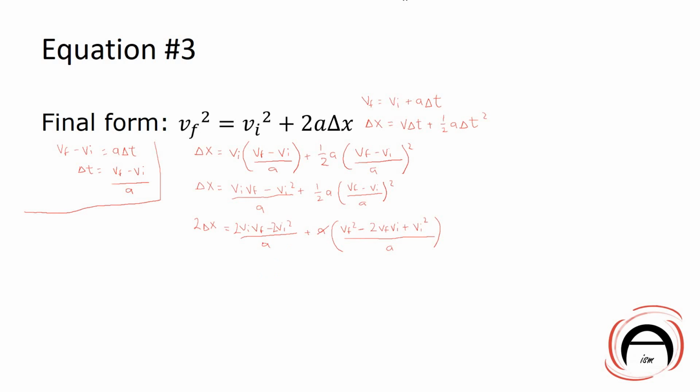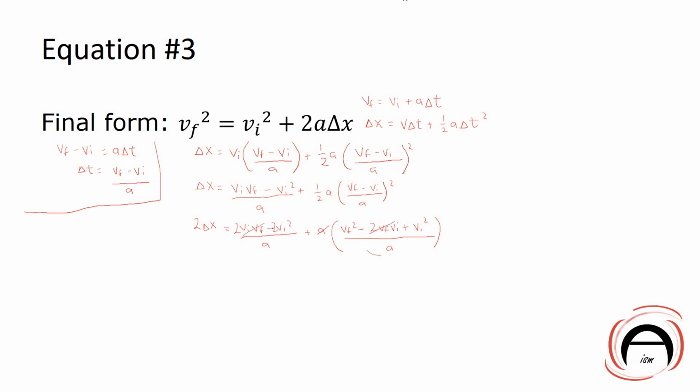So what you see here now, we have acceleration on the bottom for both, so you can add all of these terms up. Looking at this right now, you're going to have your 2 Vi Vf positive over here, and your 2 Vi Vf over on this side. If you add them up, these two terms are going to cancel.